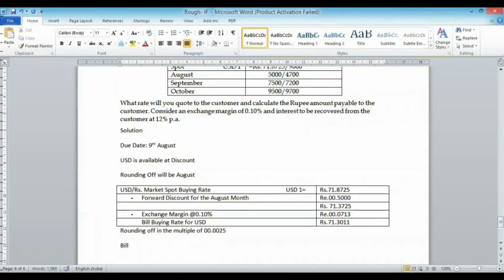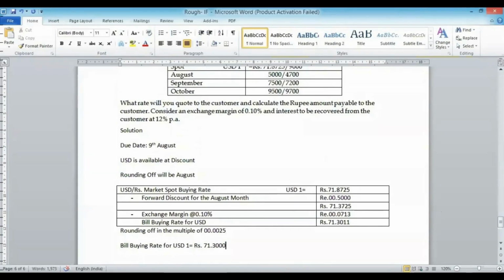So, bill buying rate for USD 1 equal to 71 point. How much? After rounding off, 3000. This will be the rate.